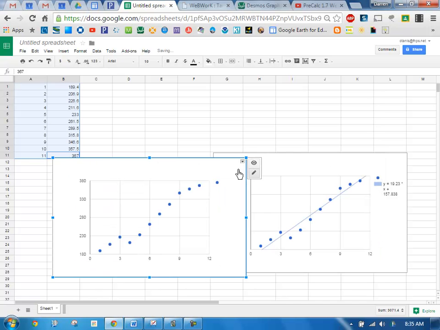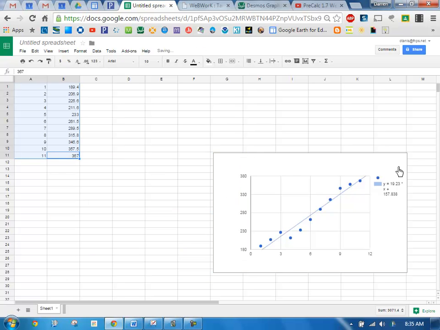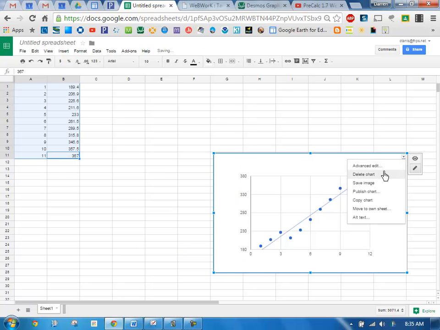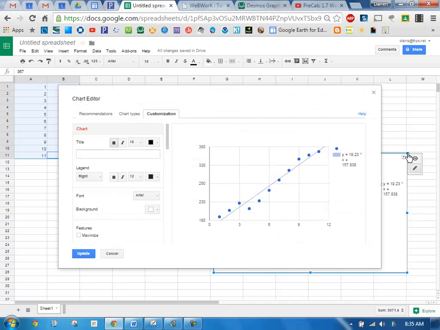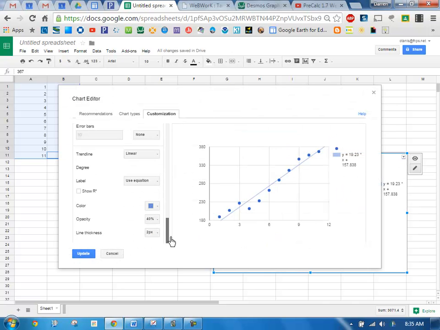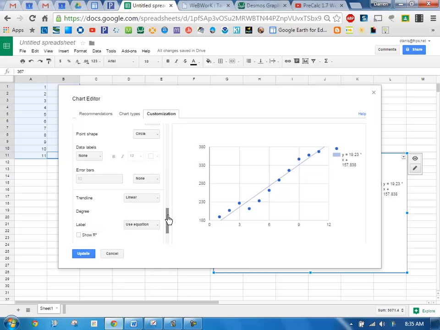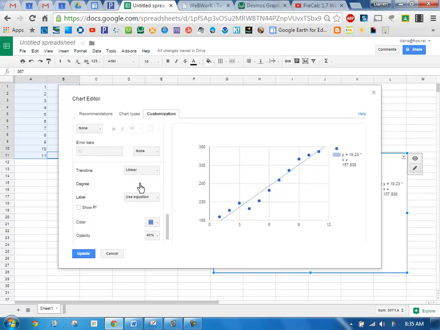Once you get it inserted, go to Advanced Edit, and you can edit all this, it's very user friendly. Down here where it says trend line, you can choose linear, exponential, or polynomial, but choose linear for the first one. I'll change the label to use equation, so that actually gives you the equation. You'll see it gives you the exact same equation.